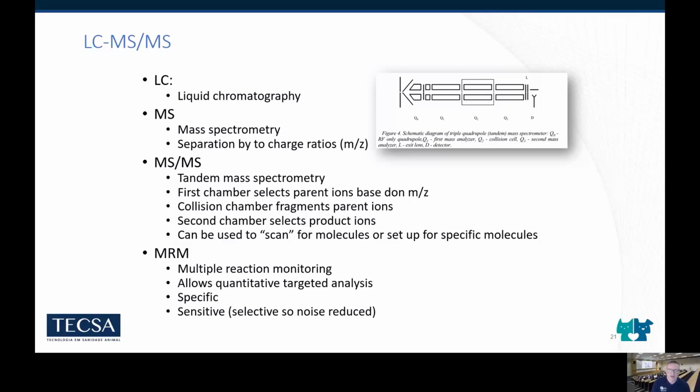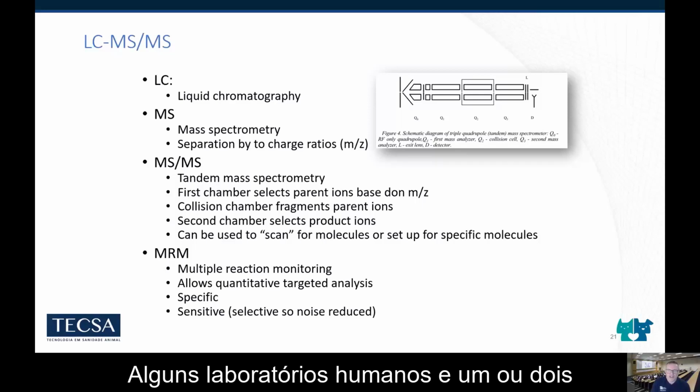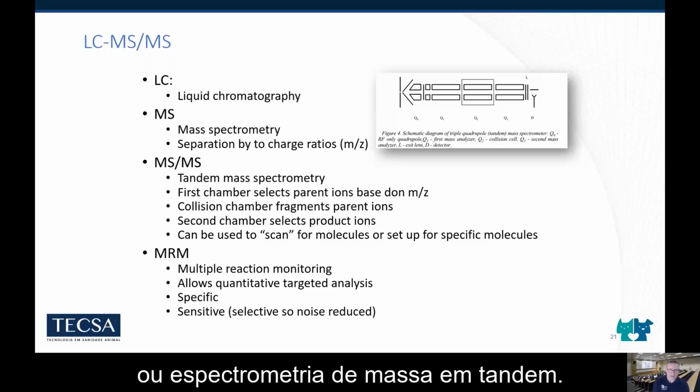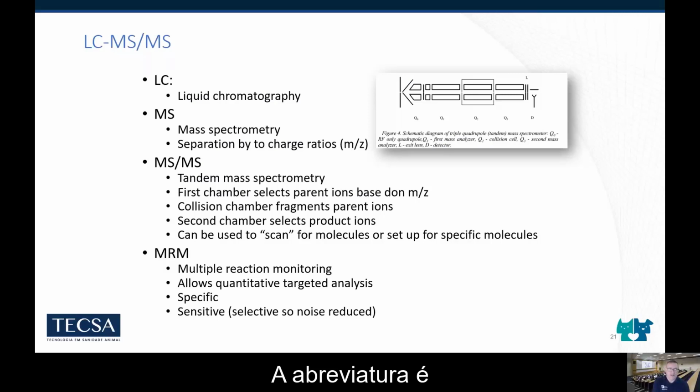measurement. In some human laboratories and in one or two veterinary laboratories in Europe, there has been a move to using a measurement technology called liquid chromatography mass spectrometry, or tandem mass spectrometry. It's abbreviated to LC-MS-MS.